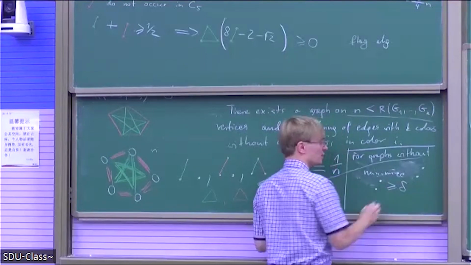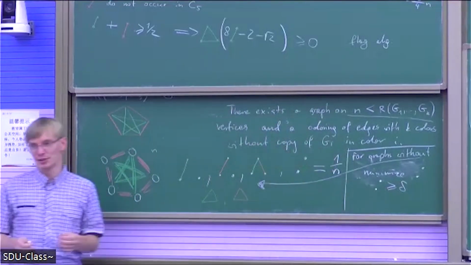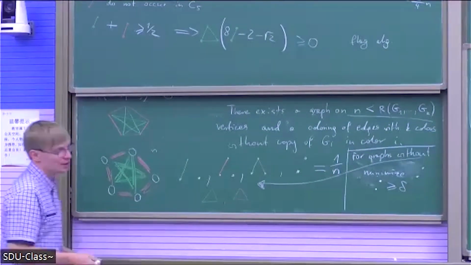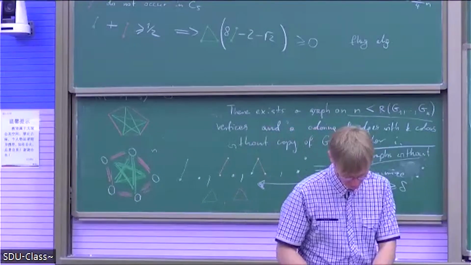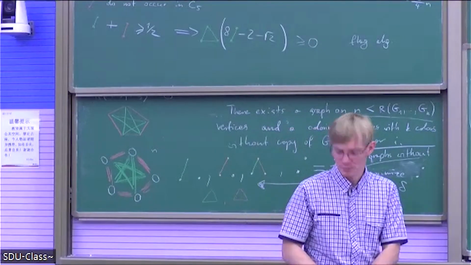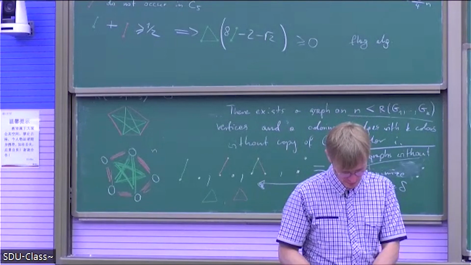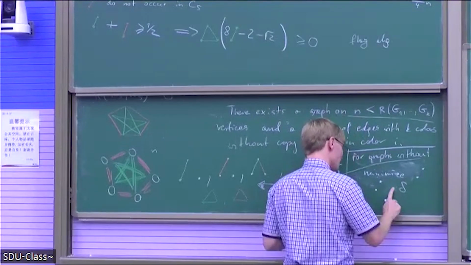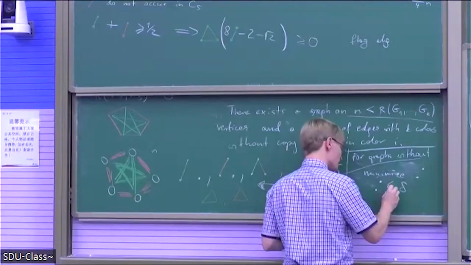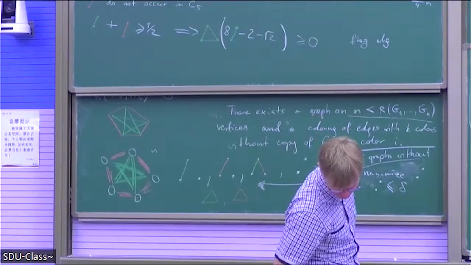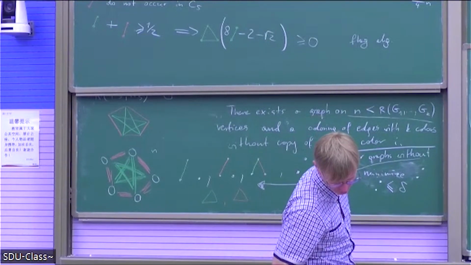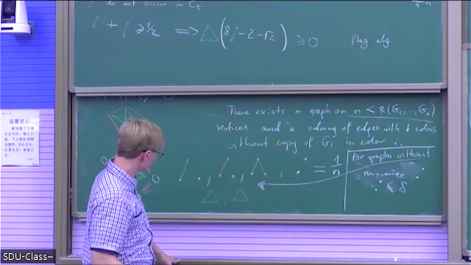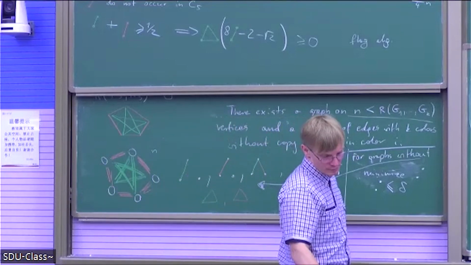Let's say I proved that this is at least some value. And what does it mean? Sorry, I want to show that it's at most.